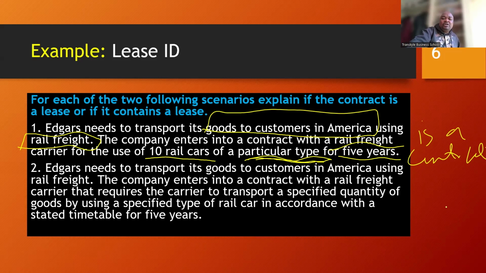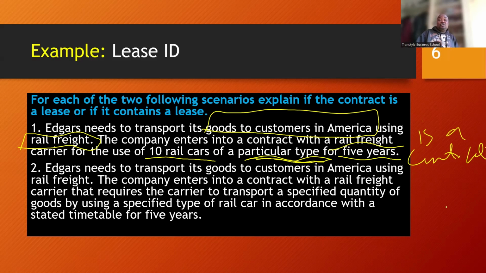The company enters into a contract with a rail freight carrier that requires the carrier to transport a specified quantity of goods by using a specified type of rail car in accordance with a stated timetable for 5 years. So basically, they are now using the carrier to transport their goods. So they are entering into a service agreement.